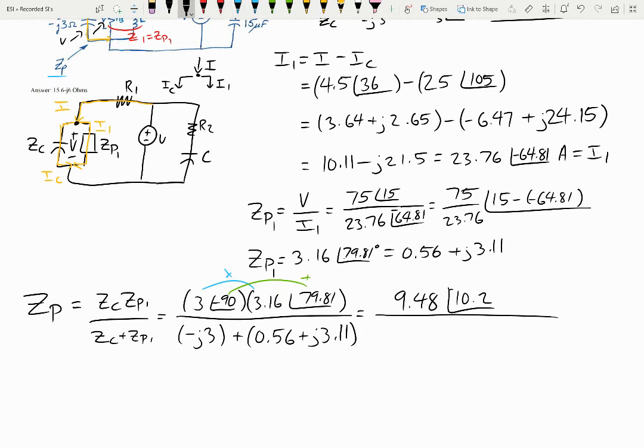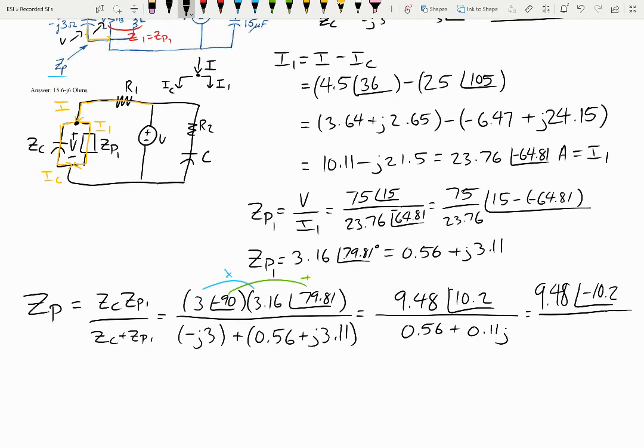So then combining these down, we'll get 0.56 plus 0.11j. And write it out here, 9.48 at angle negative 10.2 degrees.